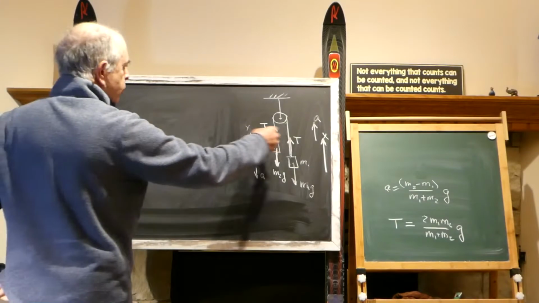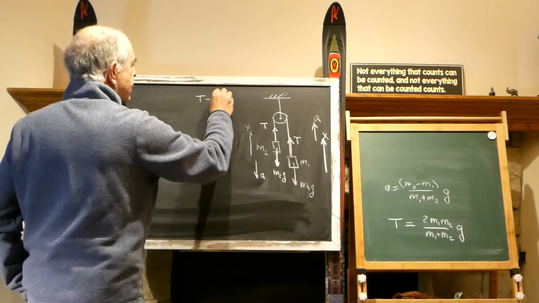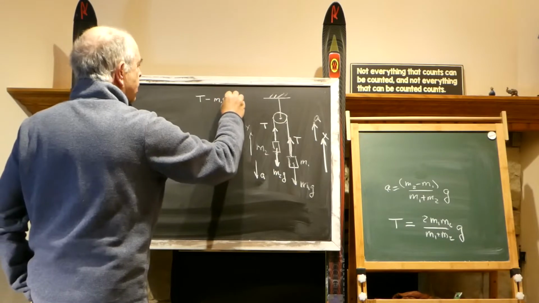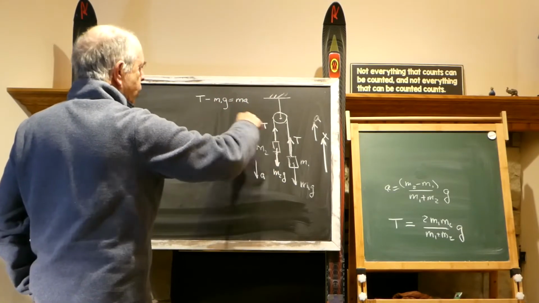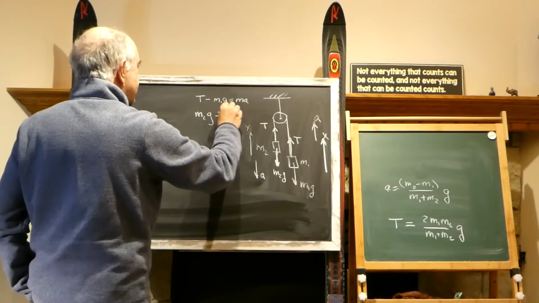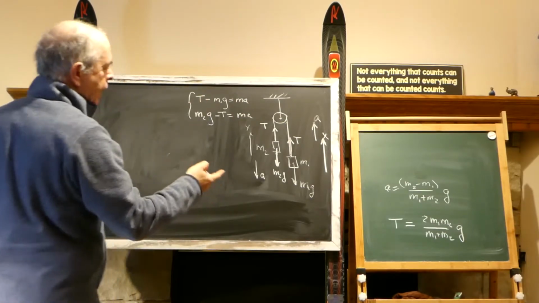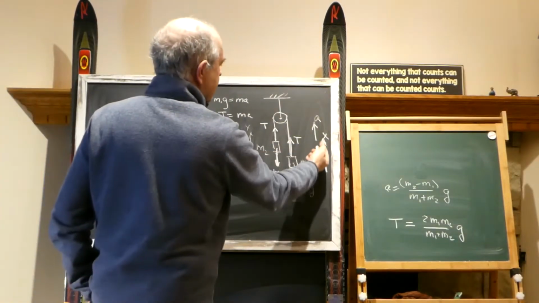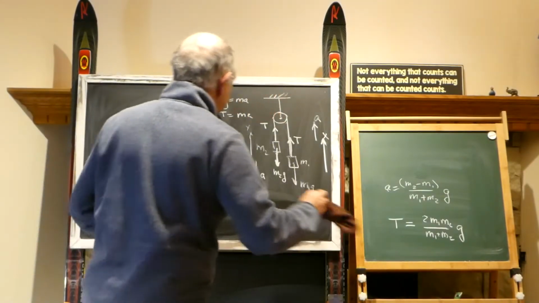First of all, of course, the equations: for this body on my right, T minus M1G equals M1A, and for this body that's going down, M2G minus T equals M2A. Alright? I wrote this for X going up, and X is here.